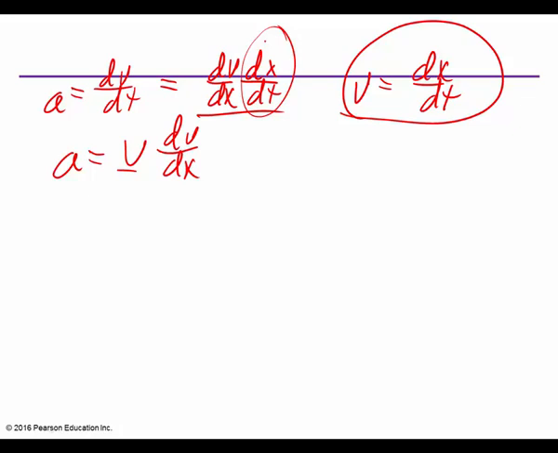All right? And so now let's multiply both sides by dx. So we got a dx is equal to v dv. And then we're going to integrate it, final and initial, and final and initial.